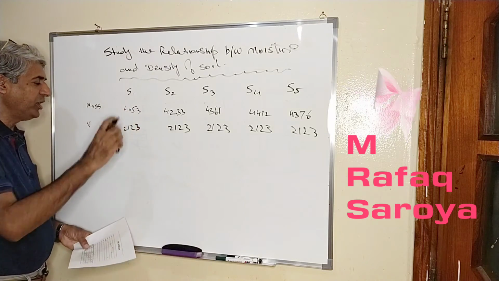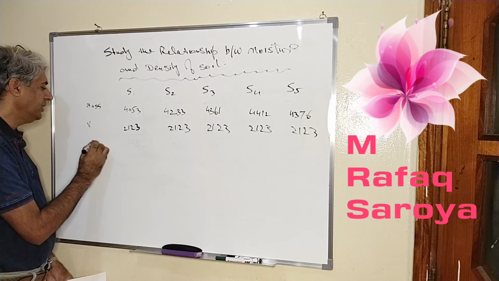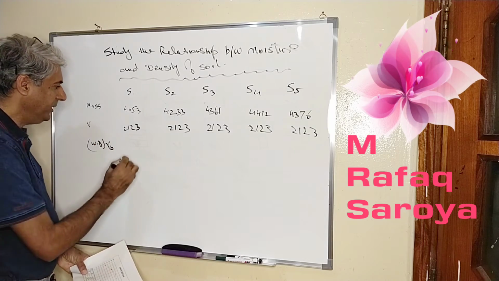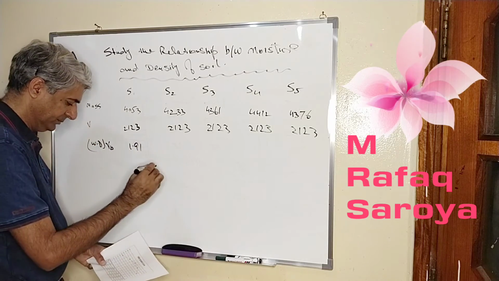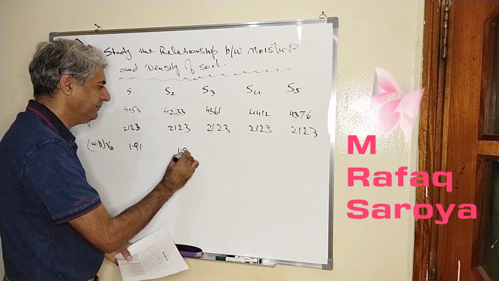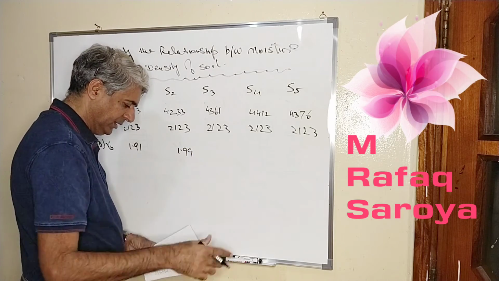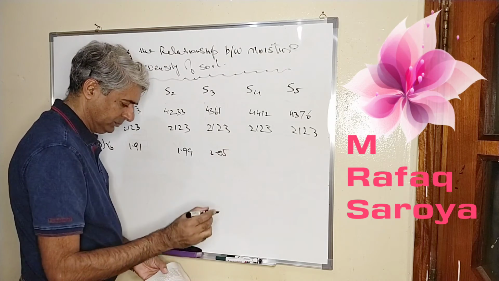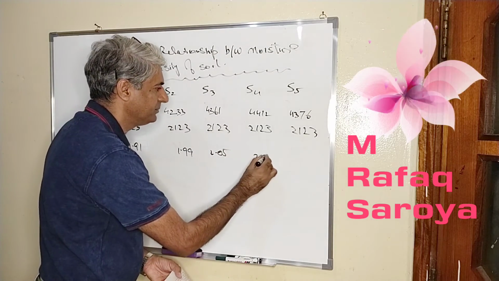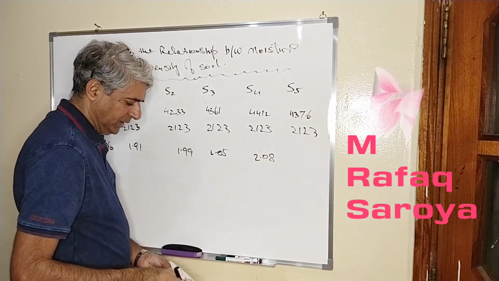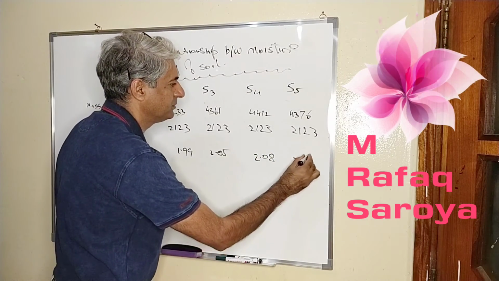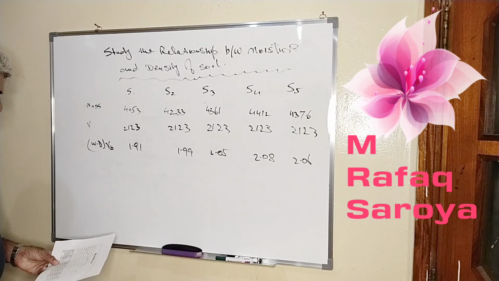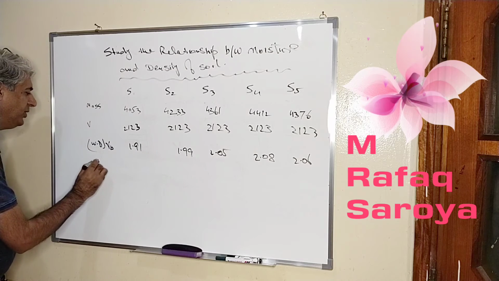After that, from these two relations, we will find out our wet density represented by gamma B. It will be equal to 1.91, 1.99, 2.05, 2.08, and 2.06. From over here, moisture content is determined.